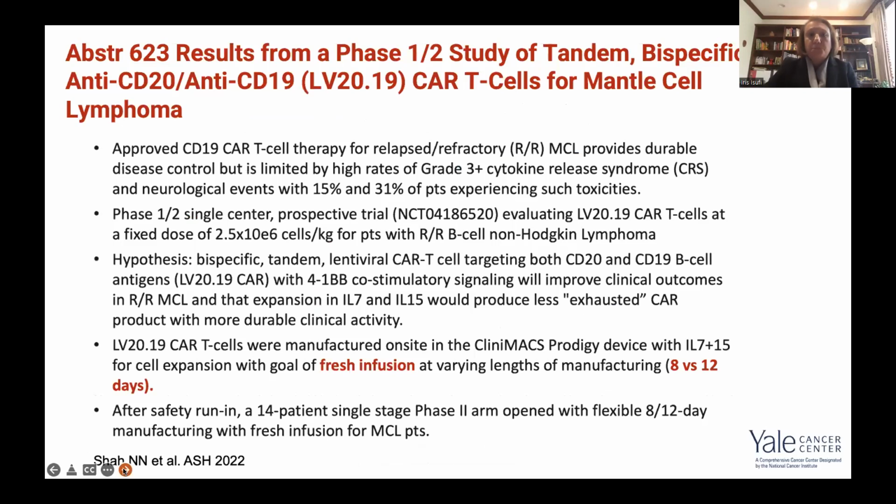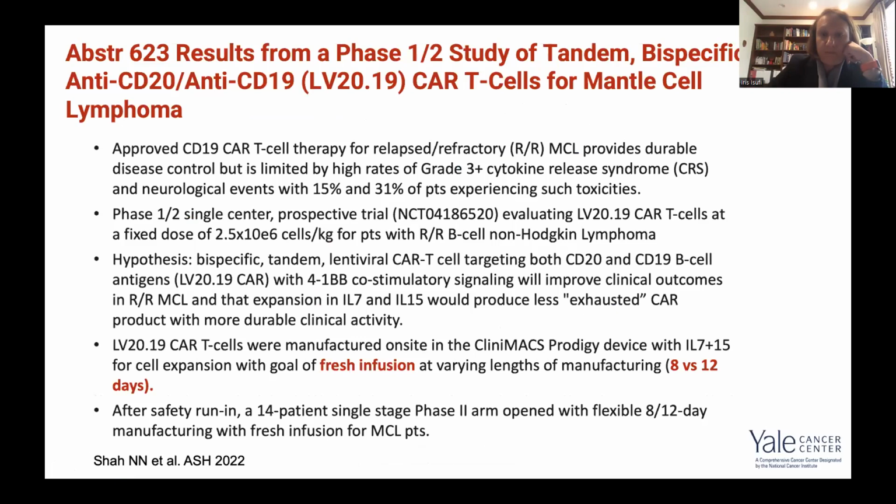So I'm going to switch gears now to mantle cell lymphoma. This is abstract 623, which is a phase 1-2 study of a tandem bispecific anti-CD20, anti-CD19 CAR. We do have a product, brexucabtagene, that's already approved, but it is very toxic.